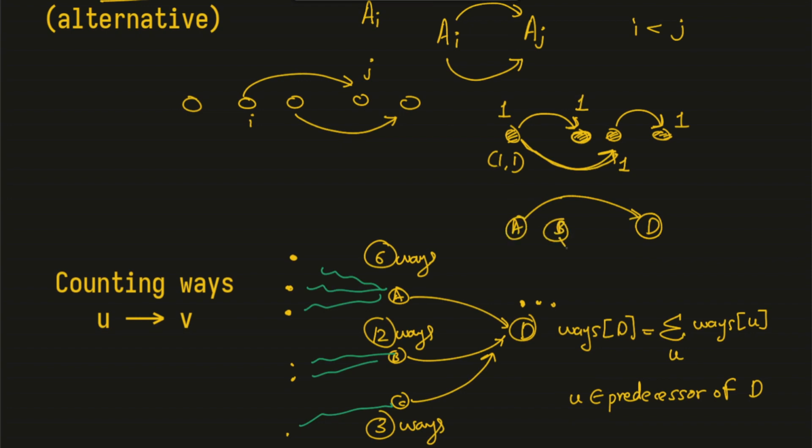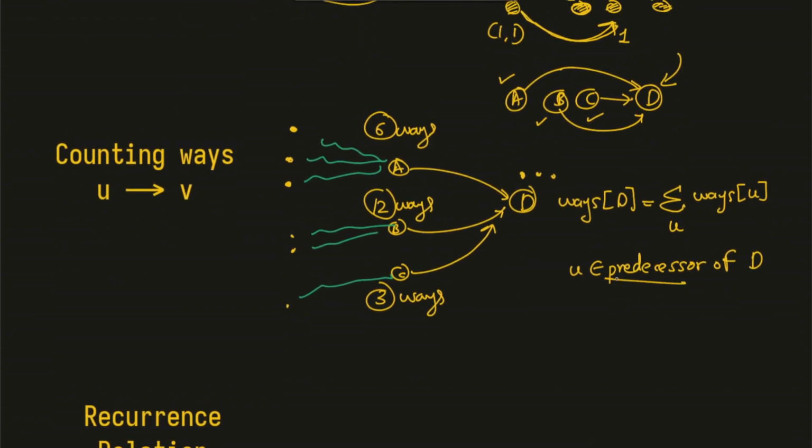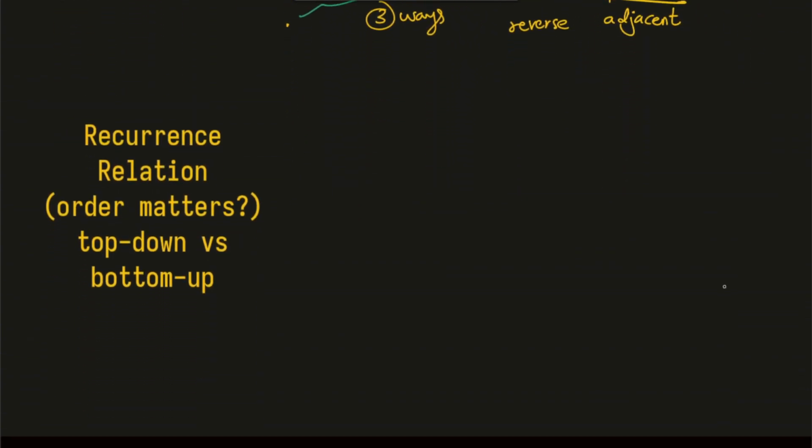So there would have been an edge like this, and to update the answer for node D, we need to know the answer for A, B and C, which are predecessors or even reverse adjacent nodes of node D. This is how we are going to evaluate it.